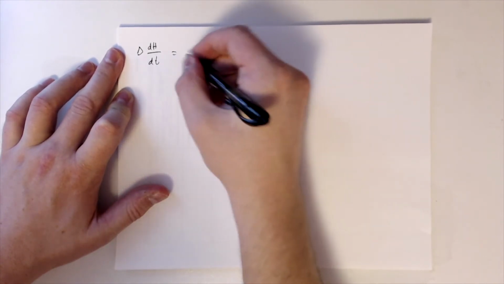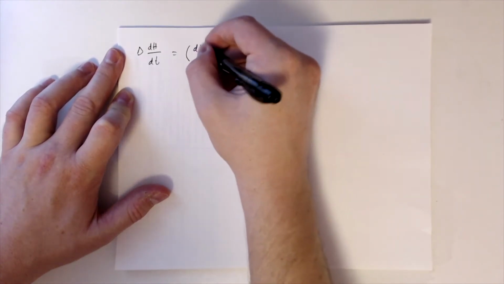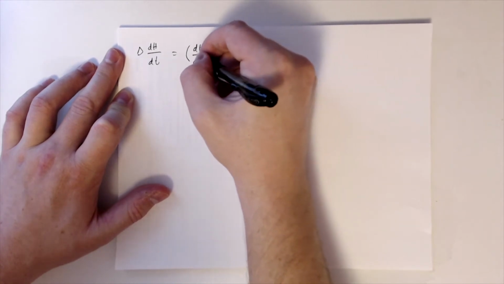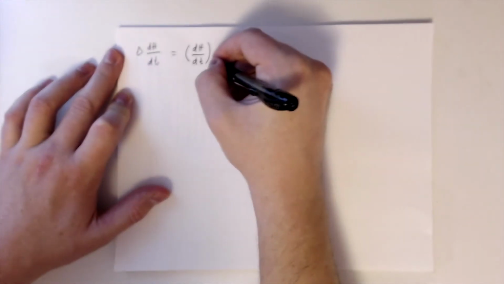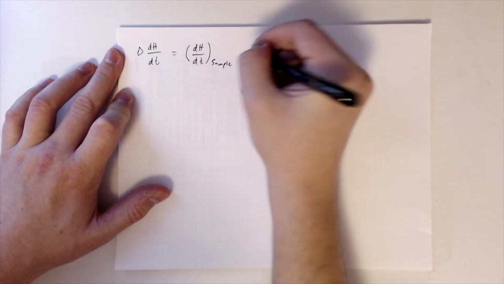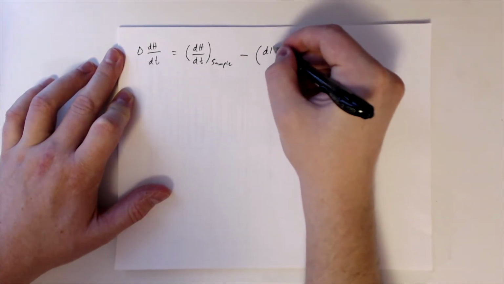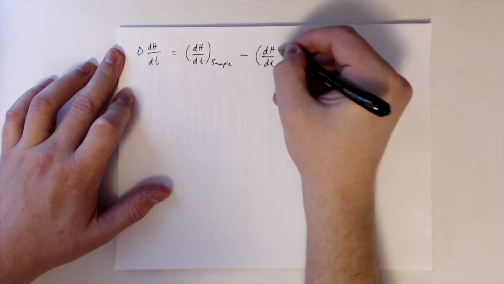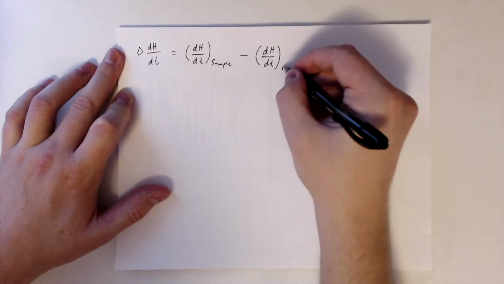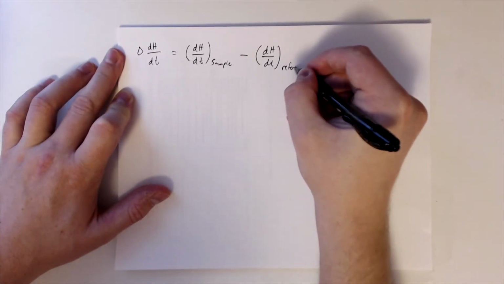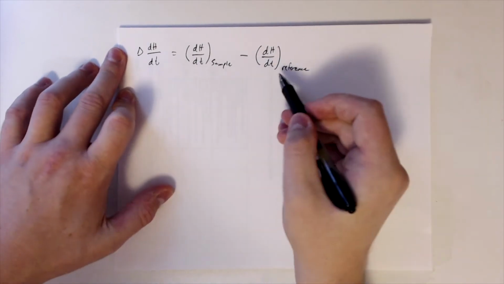And so the way we define it in these experiments is to talk about the heat flow for the sample minus the heat flow for the reference. So this is sample minus reference.